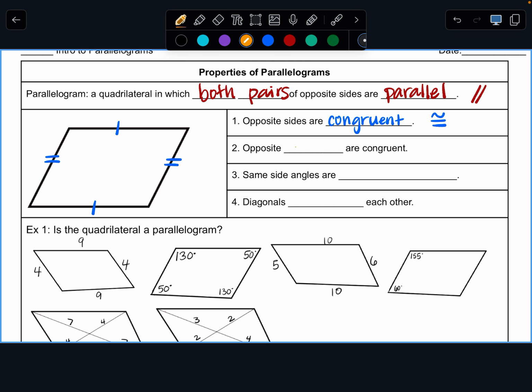Also, opposite angles are congruent. So that means this angle and this angle have the same measure. And then this angle and this angle have the same measure. Same side angles are supplementary.